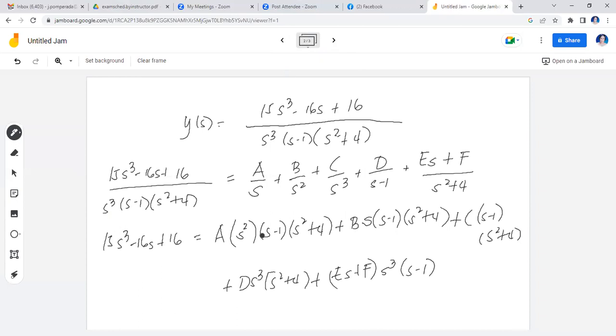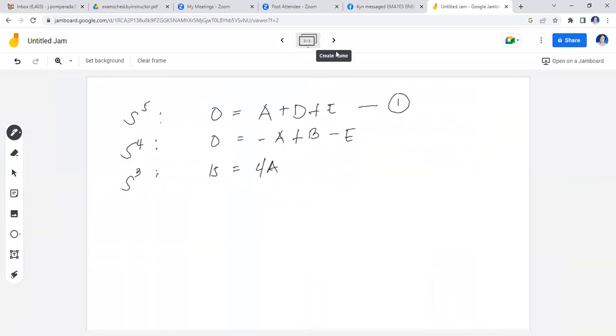S cubed, S to the 4th. This one is S squared, S to the 4th. This one is 4. So we only have one S cubed here. Here, you have your S cubed, class, it will be this one, the negative 1 and the S squared. So negative S squared times S, that would be negative B. I'm equating S cubed.